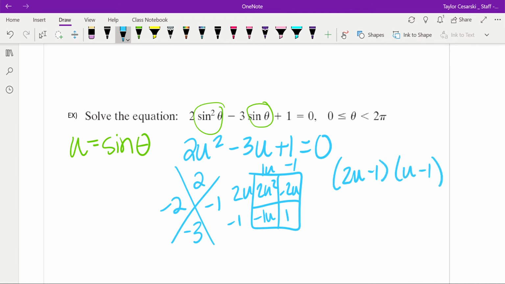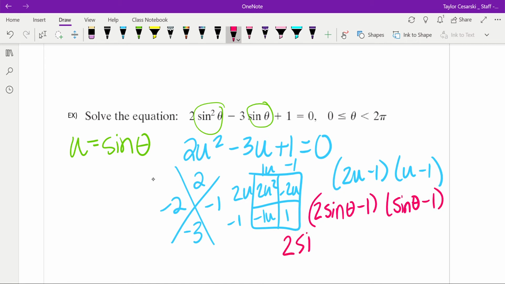So then I'm going to go back and replace my sine of theta. So I have 2 sine of theta minus 1, and then sine of theta minus 1. I'm going to set each of these equal to 0 because I know that my whole equation equals 0.